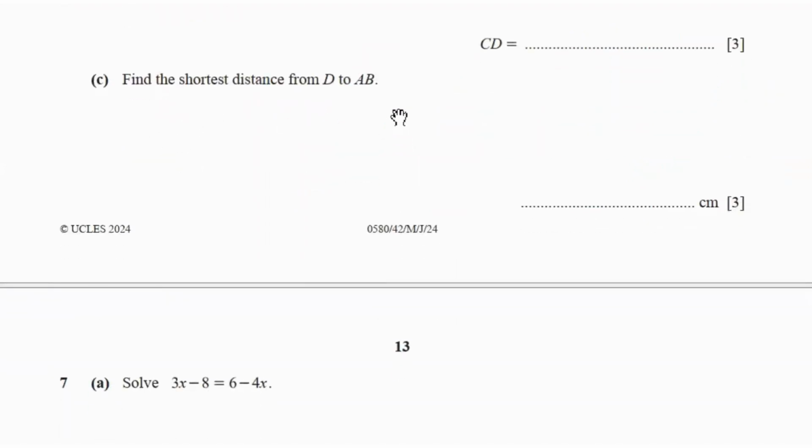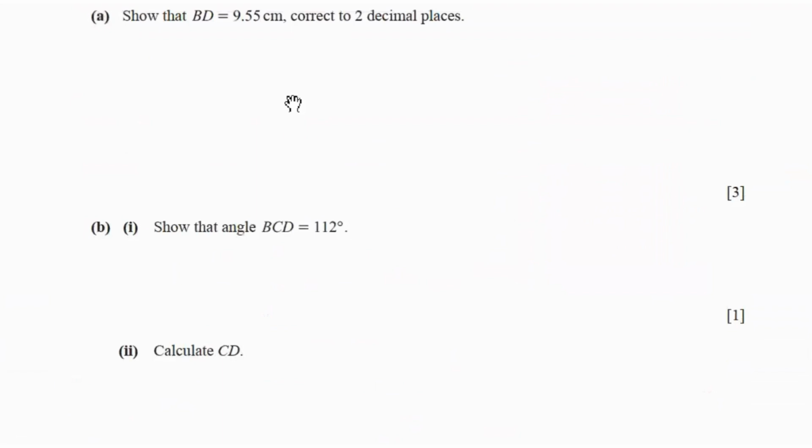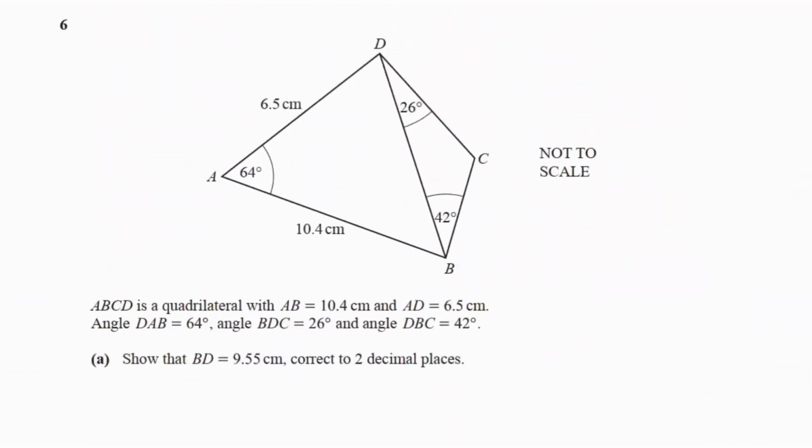Find the shortest distance from D to AB. So this will be a right angle triangle. The shortest distance is always the perpendicular distance. This is 9.55. And we have to find the shortest distance from D to AB. We have this right angle as well.